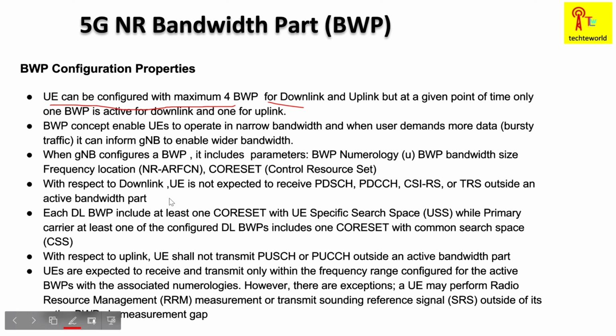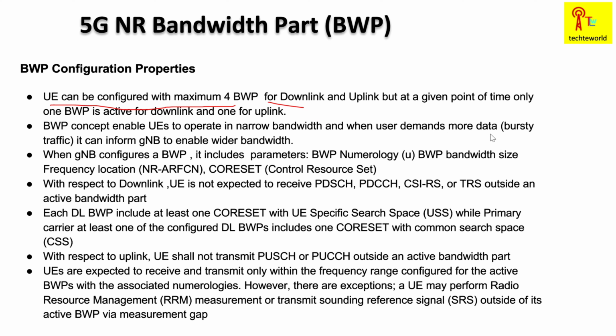When the gNB configures a bandwidth part, it includes parameters like, as I discussed, bandwidth part numerology, bandwidth size, frequency location, that is NR ARFCN, as well as CORESET. Don't worry about CORESET, we'll have a separate video for this. For now, just know that CORESET is a control resource set in 5G NR. It is also a new feature introduced in 5G, just like bandwidth part.